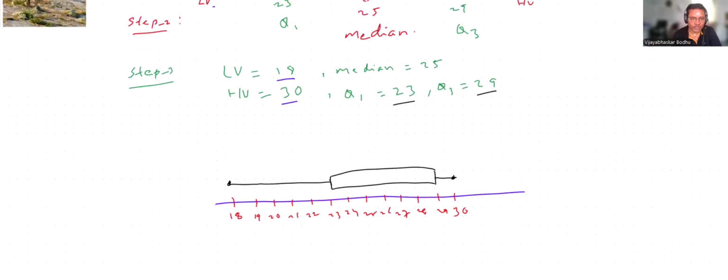So all the values we have noted down: the least value is 18, the highest value is 30, the median is 25, the lower quartile Q1 is 23, and the upper quartile Q3 is 29. So this is the box-whisker plot. Hope you understand.